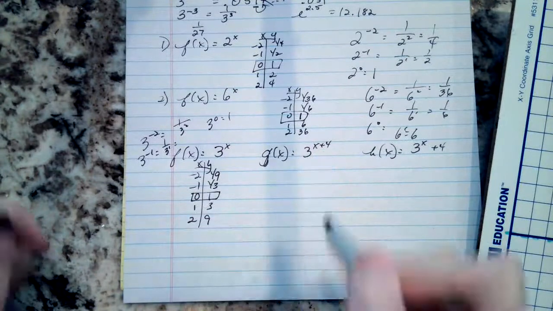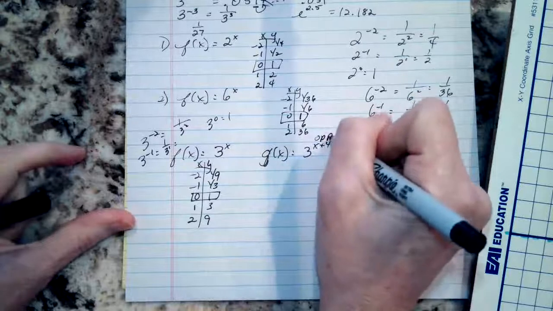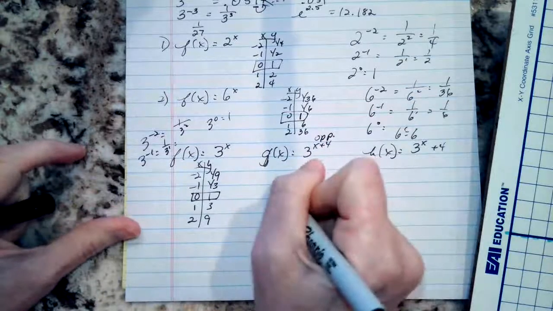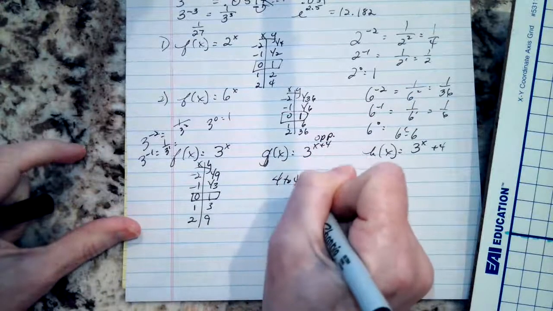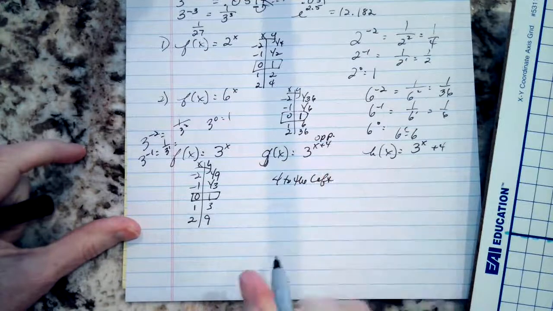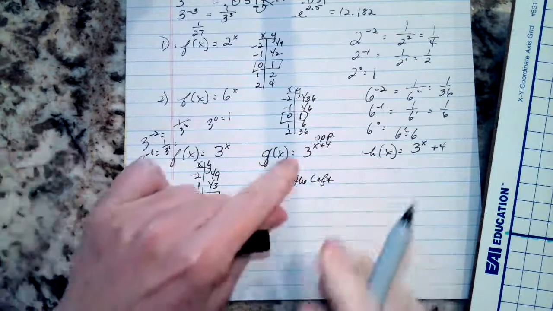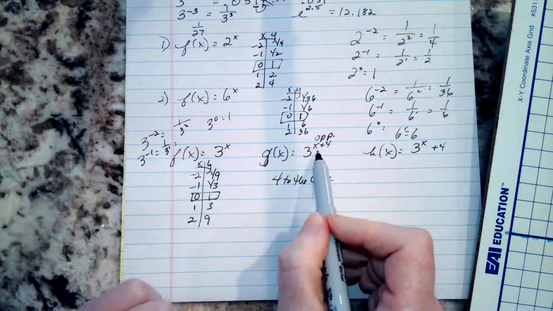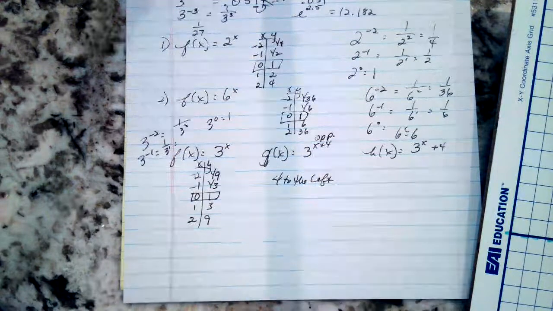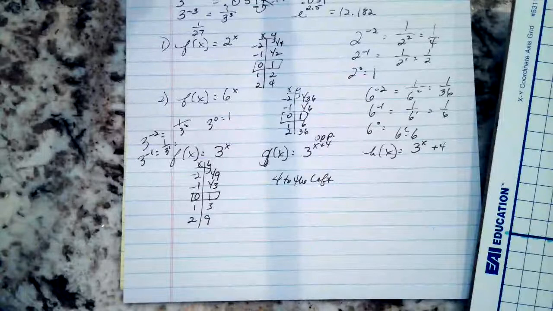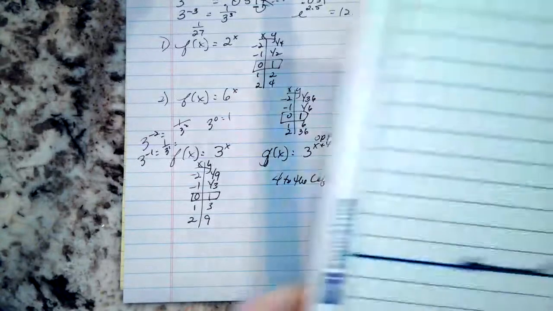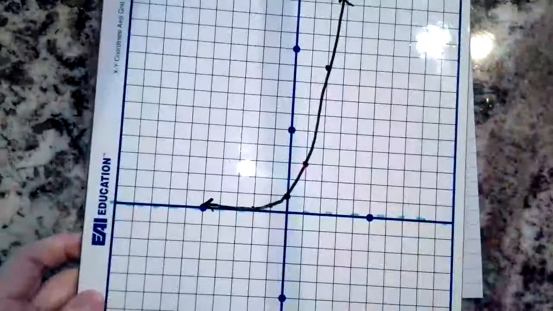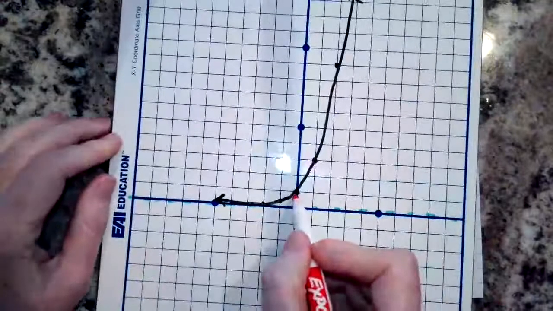You know that we're going to be shifting, and this is also always going to be the opposite. 4 to the left here in order to do this. And then on the horizontal function, we're going to go in the opposite direction.